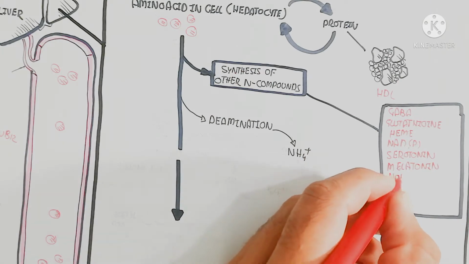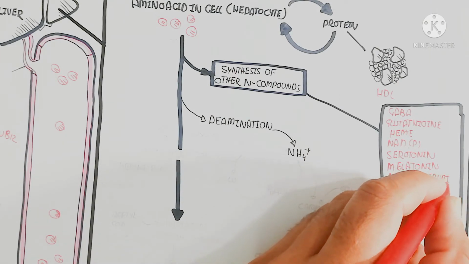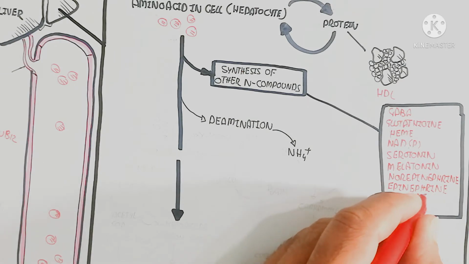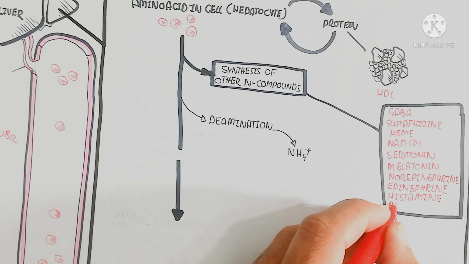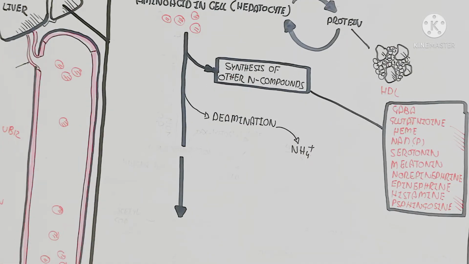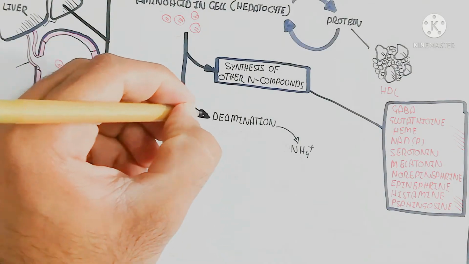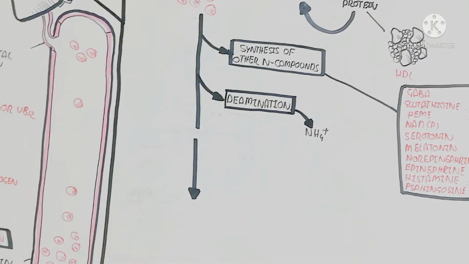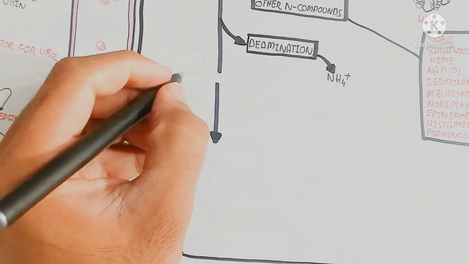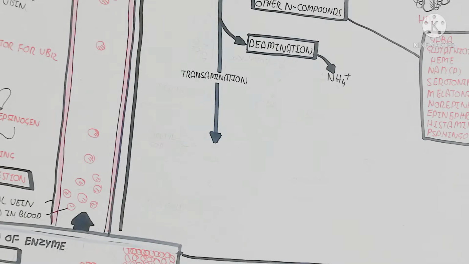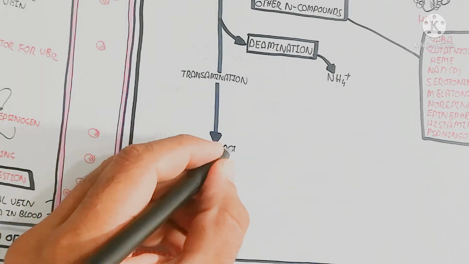It can be GABA, glutathione, heme, nicotinamide adenine dinucleotide, serotonin, melatonin, norepinephrine, epinephrine, histamine, and sphingosine. These are the major examples of the synthesis of other nitrogen containing compounds.